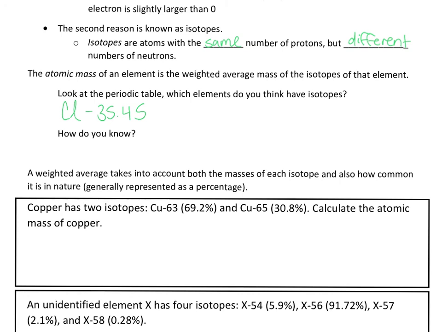It's impossible for it to have a mass number of 35.45 because you can't have 0.45 of a proton or a neutron. But if you're doing a weighted average, you could certainly come up with something like that. And chlorine does have two very prominent isotopes, which is why it ends up with an average somewhere in the middle.